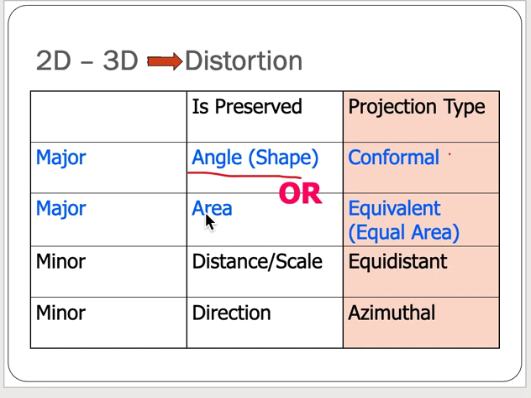And when you're trying to preserve the area, you will distort the angle or the shape. So any map that preserves the angle or the shape is called a conformal projection type. And any map that preserves the area is called an equivalent or equal area map.